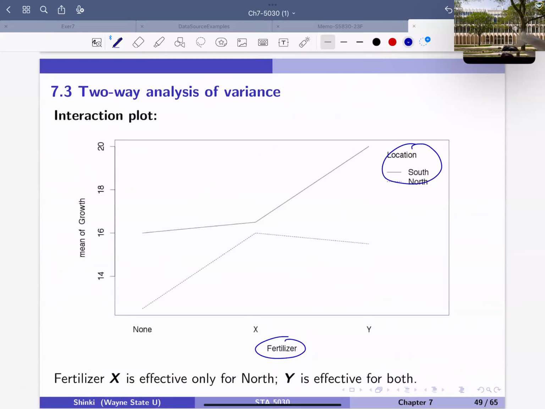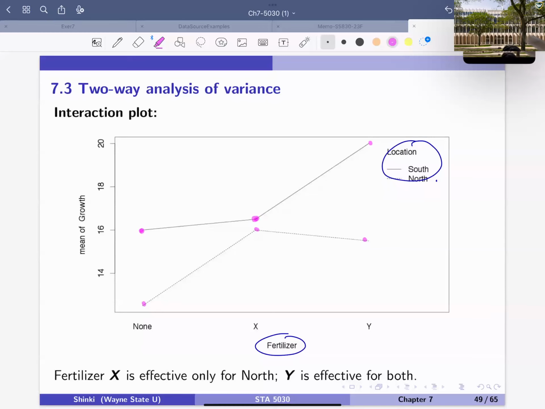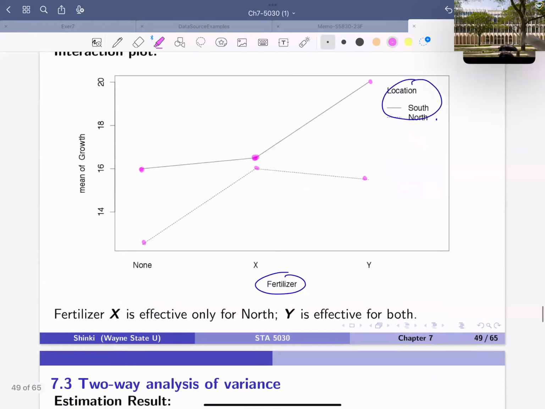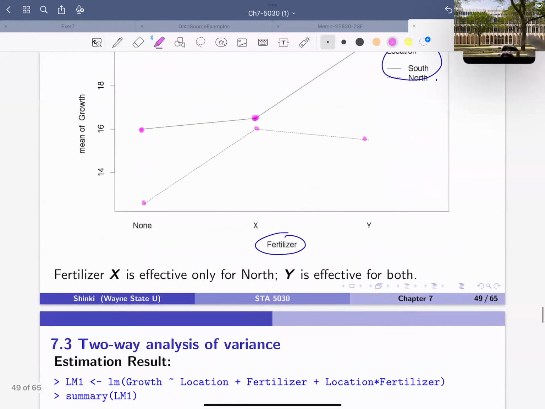So for north exposure, the fertilizers X and Y have almost the same effect and much better than none. But for south location, the fertilizers X and Y have different effects. Y has much better yield, much better growth. And actually, the difference between no fertilizer and fertilizer X is slightly smaller. So it sounds like we have an interaction effect.